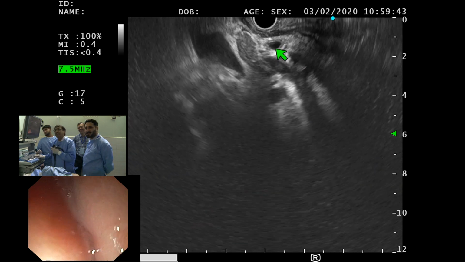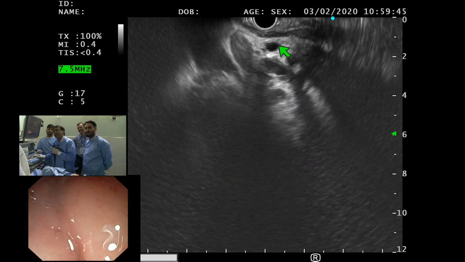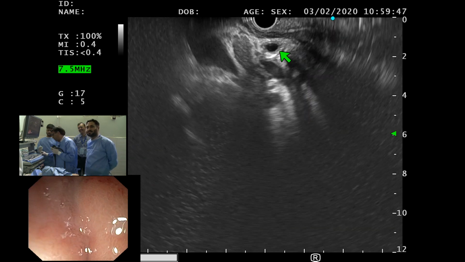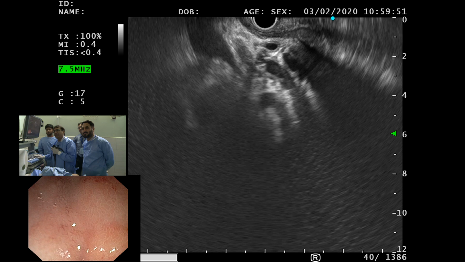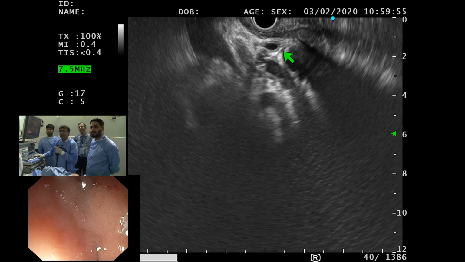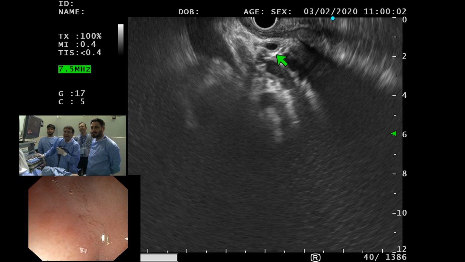So here you see the bile duct right there, and if you look at the bile duct, it does have 3 wall layers. The bile duct is very inflamed there. You see the first hyperechogenic, then black, and then white. So it has 3 layers really.